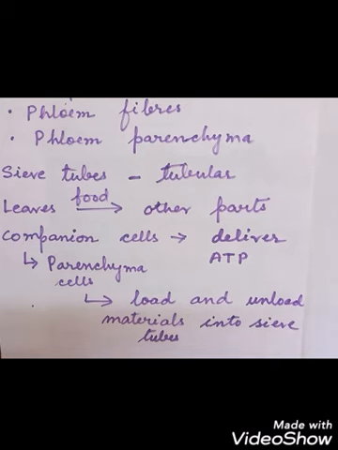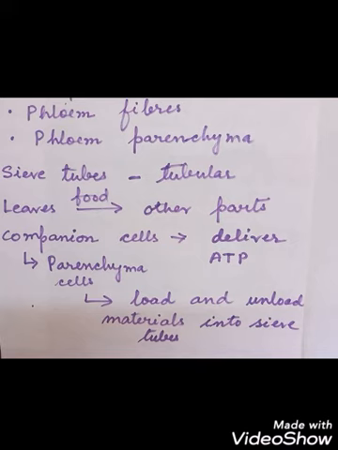So mainly what is the function of the phloem? To carry the prepared food from the leaves to all the parts of the plant. Phloem transports this material in both directions. Xylem will transport water and minerals from the soil to all the parts of the body in one direction, but phloem will carry the food from the leaves to all the parts of the body in both directions, bidirectional transport.